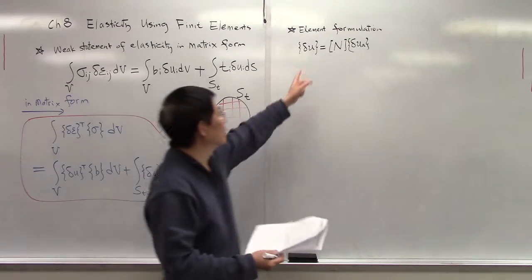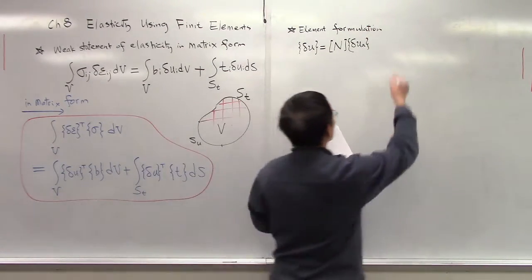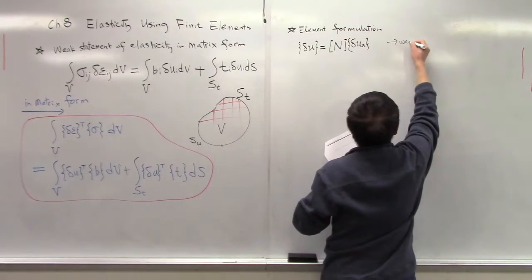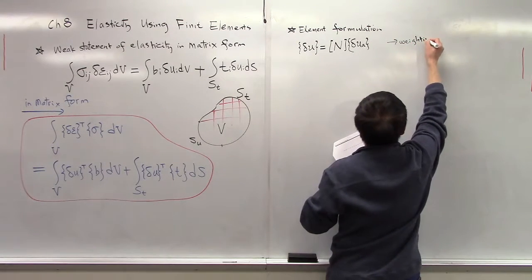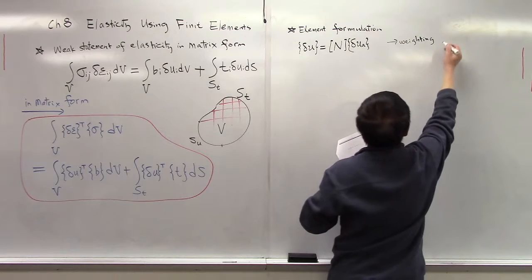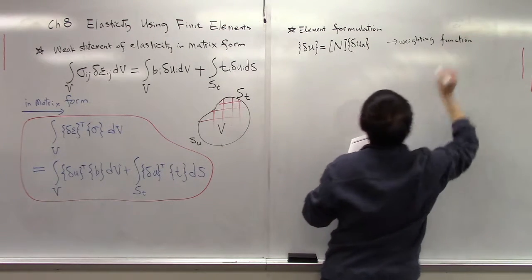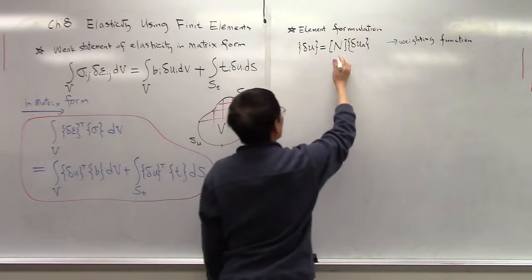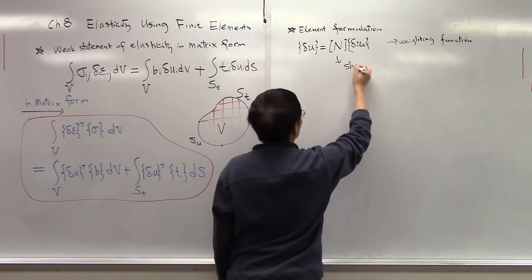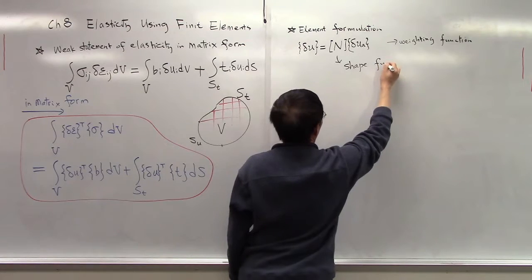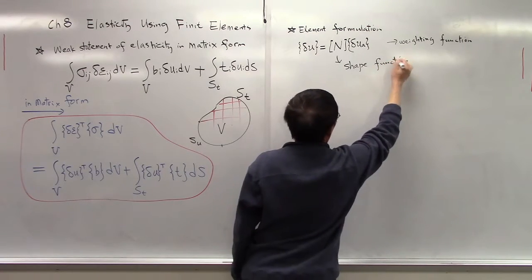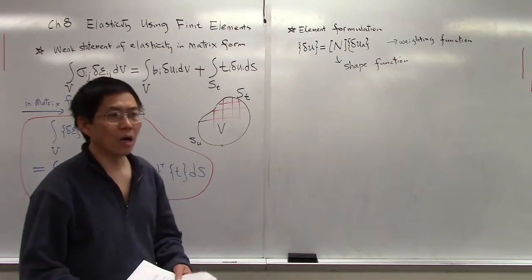And we use this as the weighting function. Here, this N is the shape function.